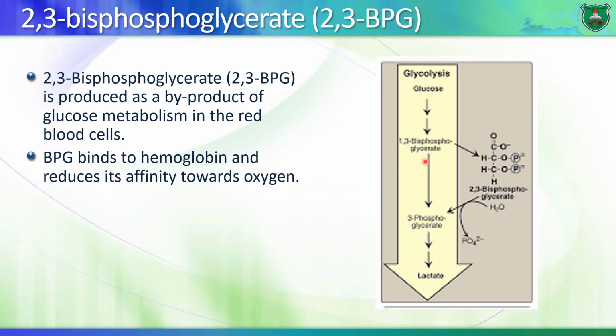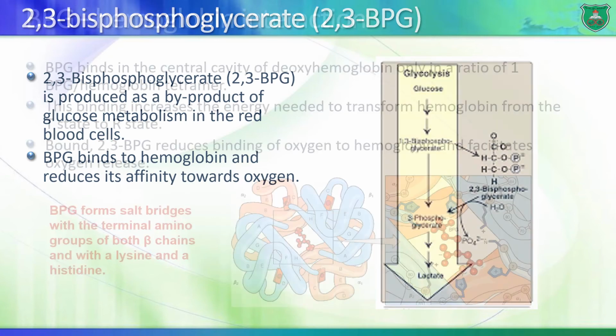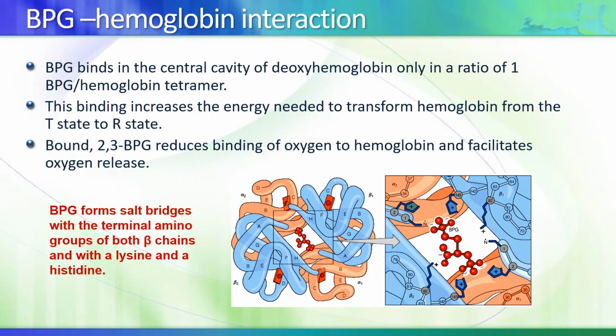This 1,3-bisphosphoglycerate can be isomerized into a molecule known as 2,3-bisphosphoglycerate, which can then be converted to 3-phosphoglycerate, okay, by removing the phosphate group. Now that's an important point in here. We'll talk about it in the next lecture in metabolism of erythrocytes.